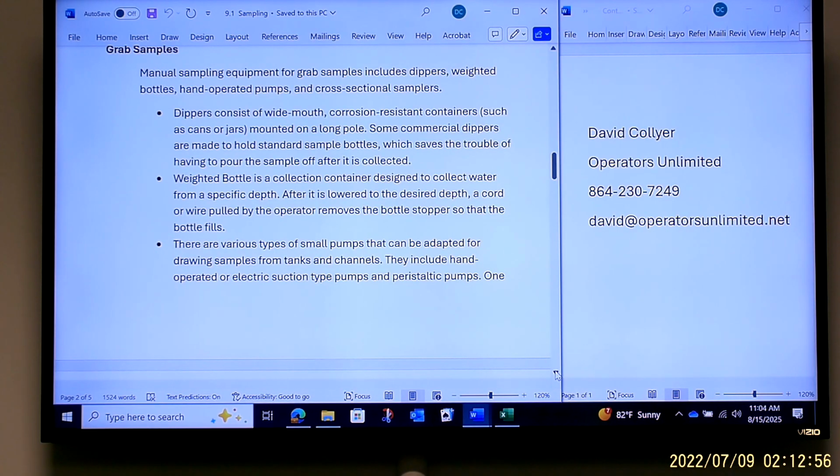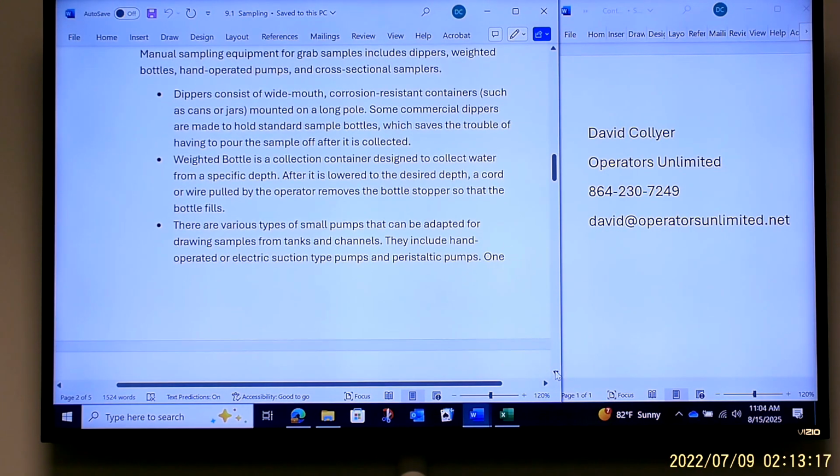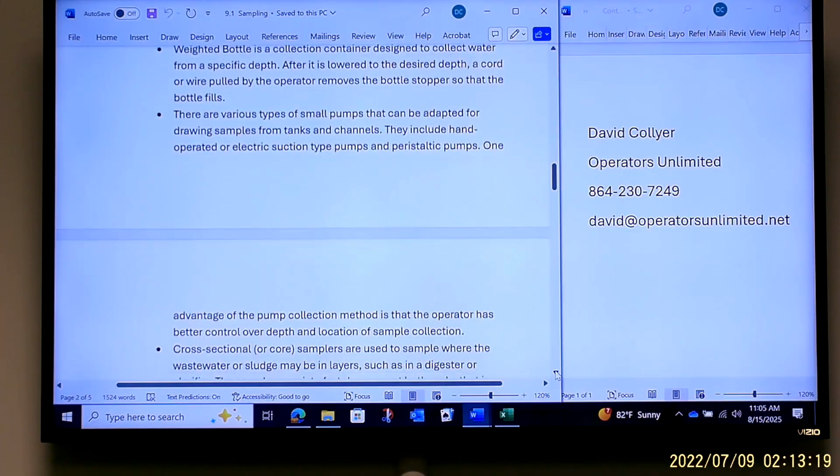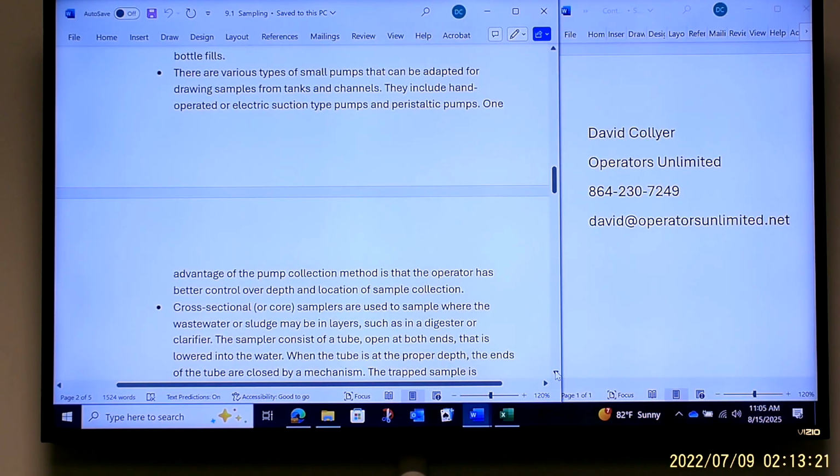A weighted bottle is a collection container designed to collect water from a specific depth. After it is lowered to the desired depth, a cord or wire is pulled by the operator, removing the bottle stopper so that the bottle fills. There are various types of small pumps that can be adapted for drawing samples from tanks or channels.